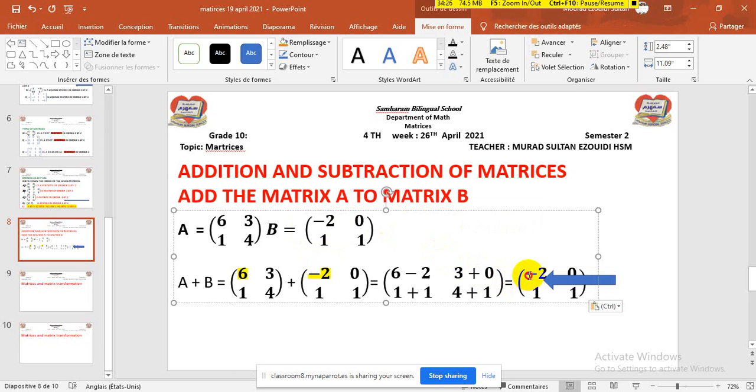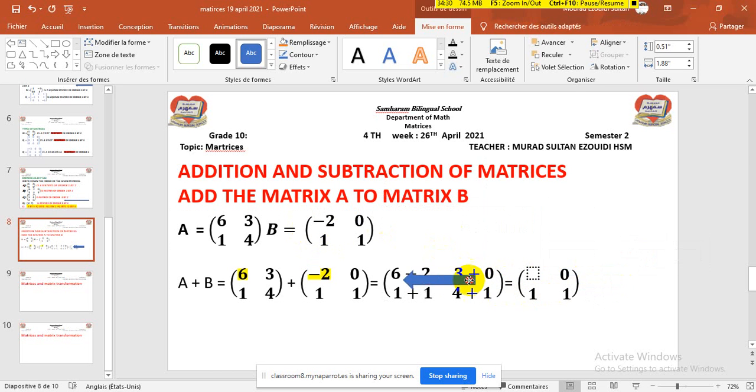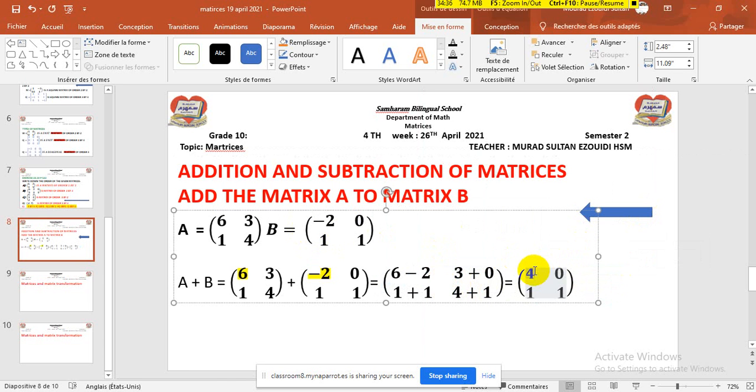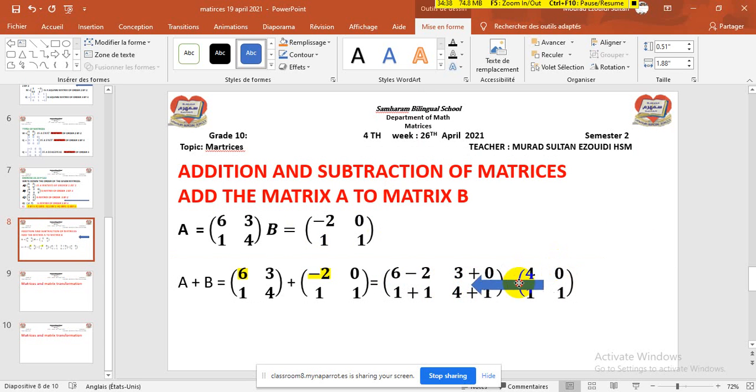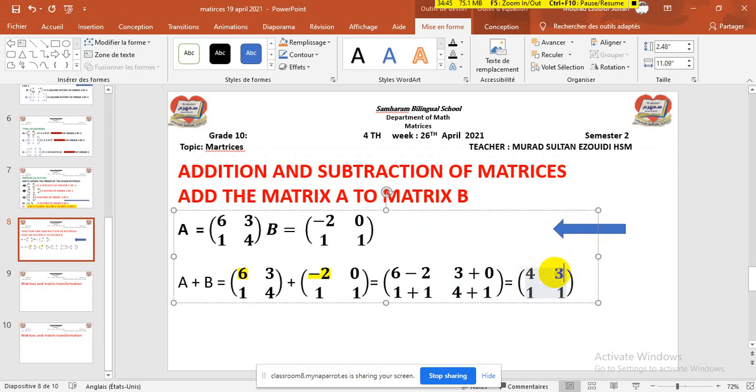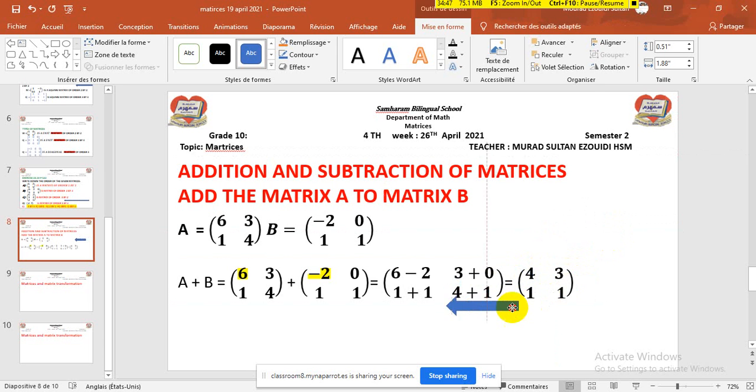My daughters, we have 6 minus 2, what is it? 6 minus 2 is 4. Good, I will write 4. Then we have 3 plus 0, 3. Then 1 plus 1 is 2.